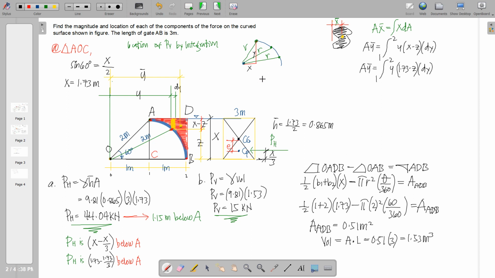So if you would recall, the relationship of the radius to the legs is the Pythagorean theorem. We have r squared is equal to x squared plus y squared.